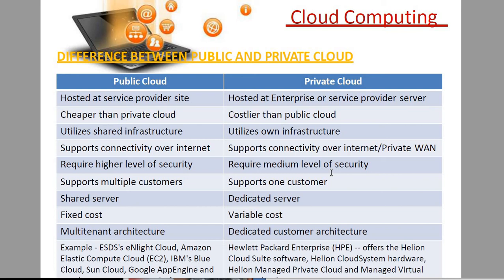IBM Blue Cloud, Sun Cloud, Google App Engine, and so on. Now, for private, HPE, that is Hewlett Packard Enterprise, offers the Helion Cloud Suite software and Helion Cloud System hardware. These are all Helion managed private cloud and managed virtual cloud.